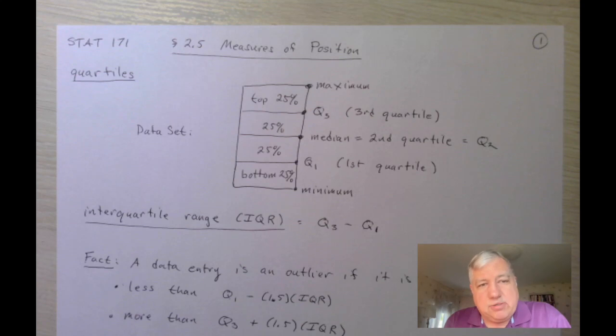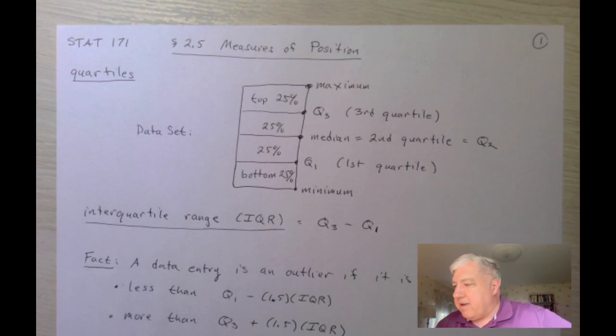So a quartile is just what you think. We divide the data set into approximately 4 equal subsets, 4 equal parts, and they're separated by these 5 numbers. The maximum, then the third quartile, which we call Q3, the median, which is of course the middle value, Q1, which we call the first quartile, and then the minimum.